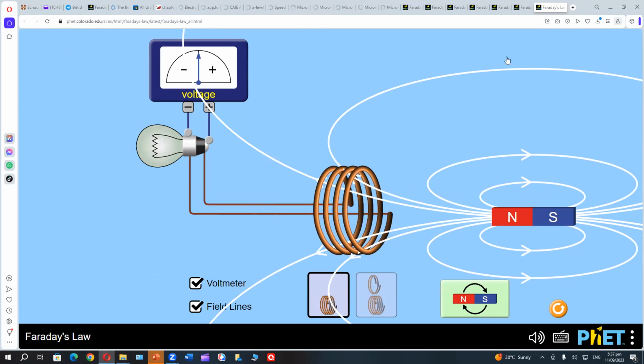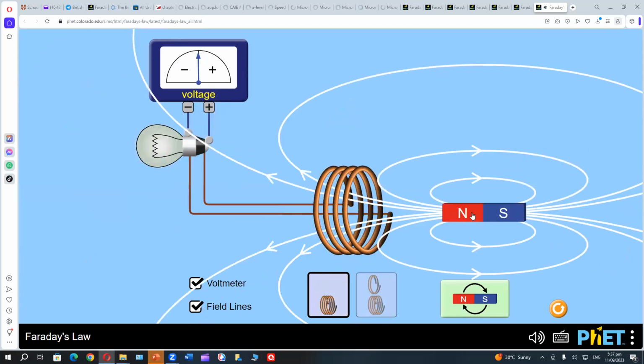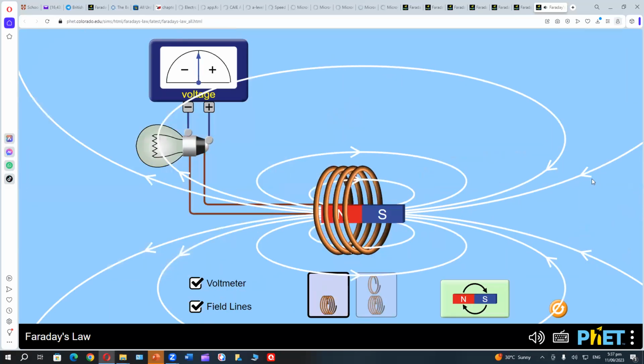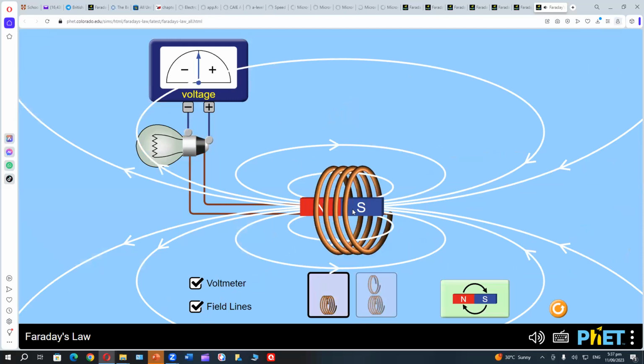As you move, EMF is induced. When you leave the bar magnet, no EMF is there. If you reverse your bar magnet, EMF also reverses. When you move the magnet forward, EMF increases on one side.